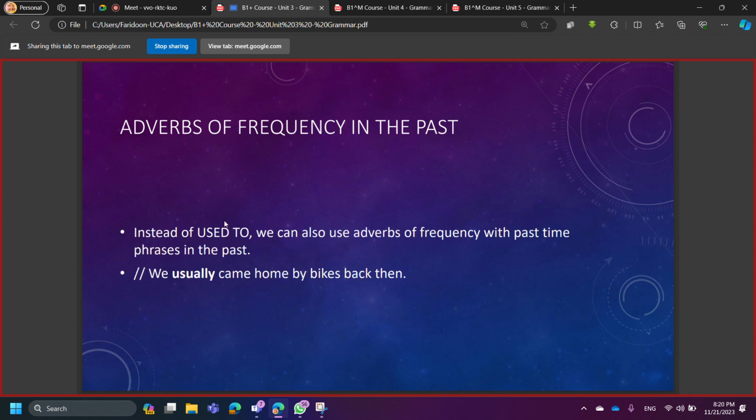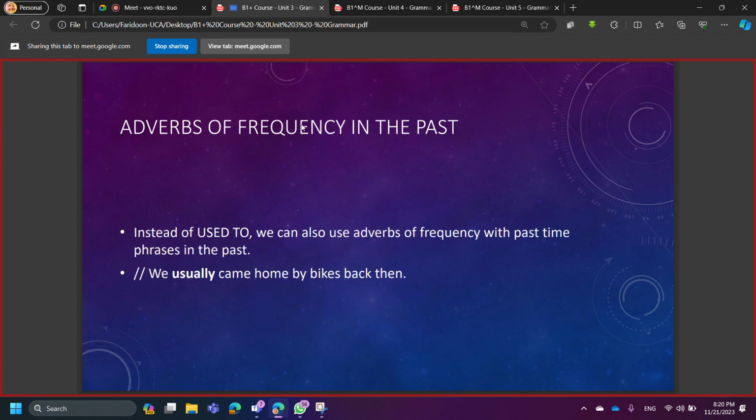So instead of "used to," if you don't like "used to," we can also use adverbs of frequency with some past time phrases to give the meaning of "used to" in a way, to talk about a past habit or a past state. Example: we usually came home by bike back then.